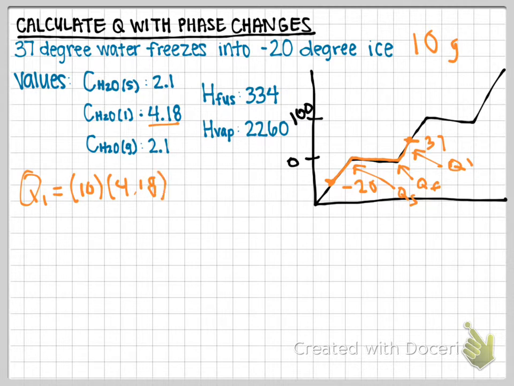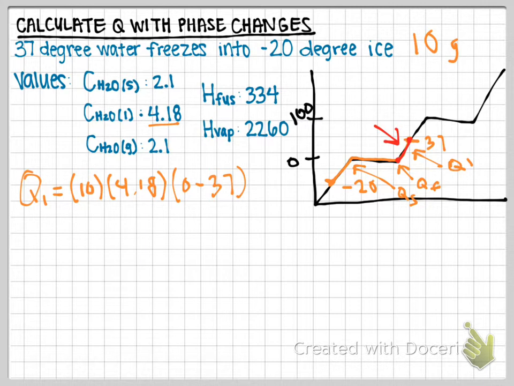And change in temperature of liquid, you are going to start at 37 and end at 0. So right here is your delta T. You're starting at 37, so that's your initial. You're ending at 0, so that's your final. So your delta T would be final minus initial, 0 minus 37. So that's your Q of just your liquid.